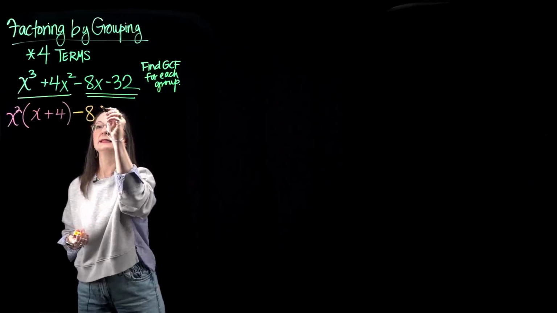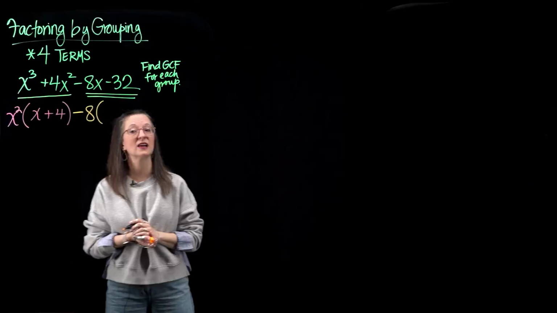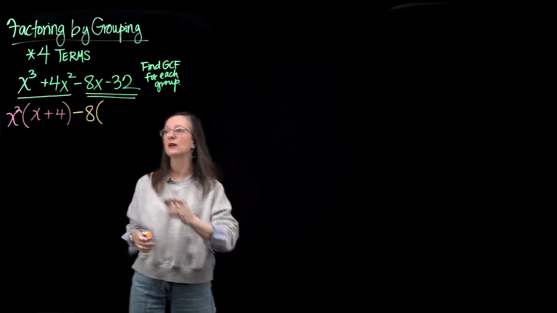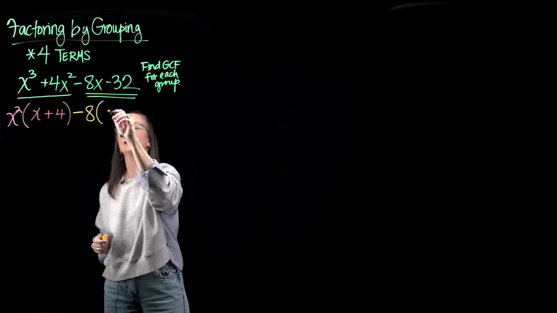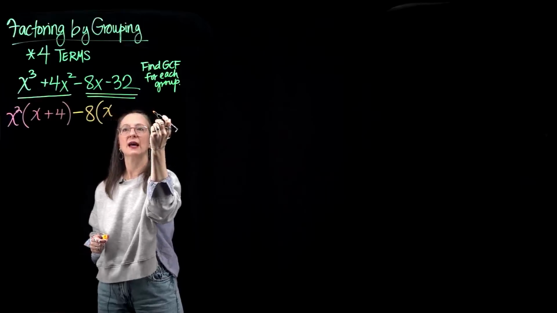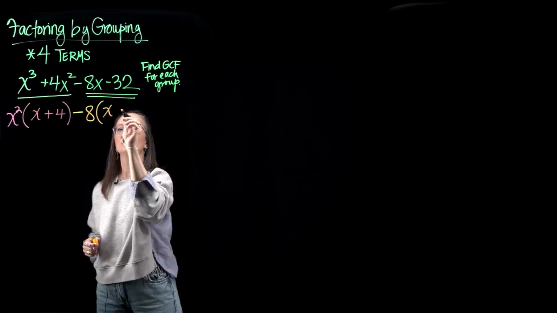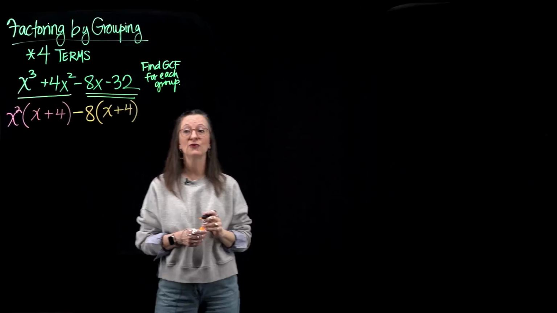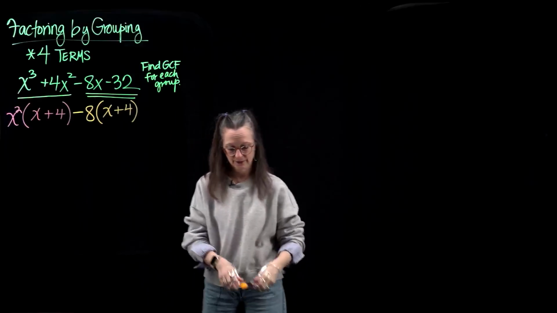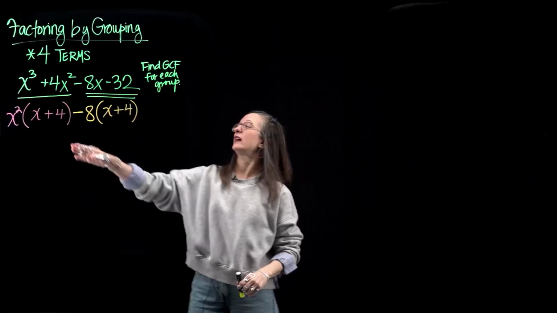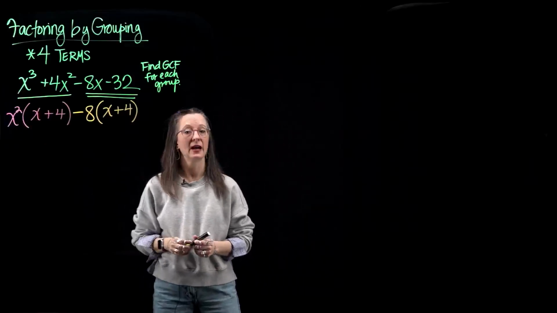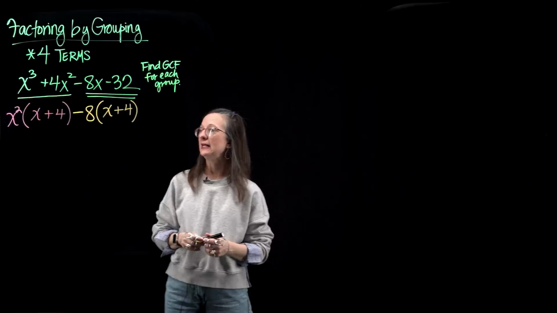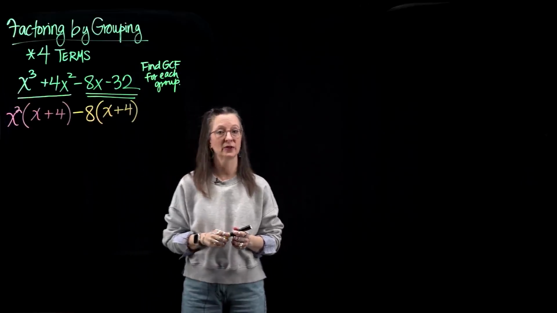So I'm going to write minus 8, factor to the outside, and I'll write down what's left. Minus 8x divided by minus 8 is just x. Minus 32 divided by minus 8 is positive 4. So I have x squared times x plus 4 minus 8 times x plus 4.